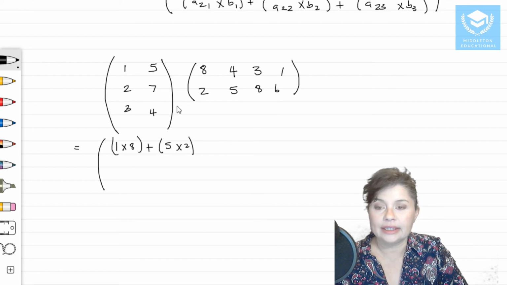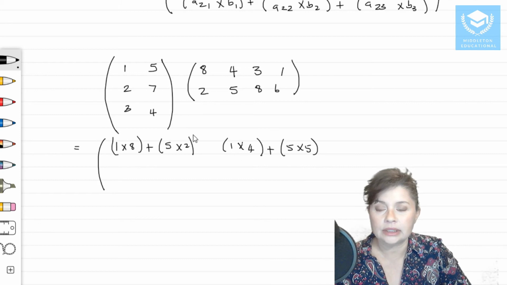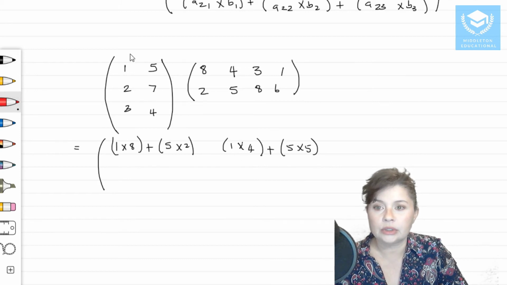Then in the next position, it's going to be 1 times 4 plus 5 times 5. This one times that one gives us this one here.